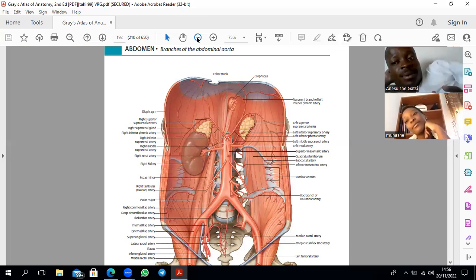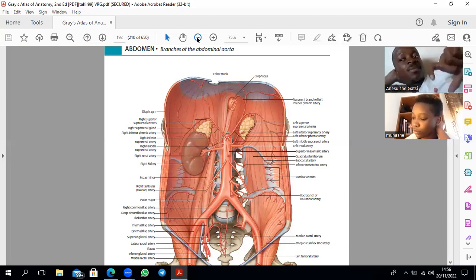So to understand blood supply for the abdomen, we divide into blood supply for the anterior abdominal wall, those structures, and then blood supply for the viscera. Let me find a way to make you understand. There is a division into two.